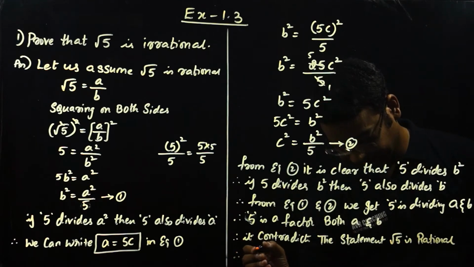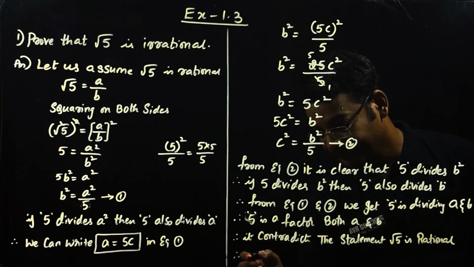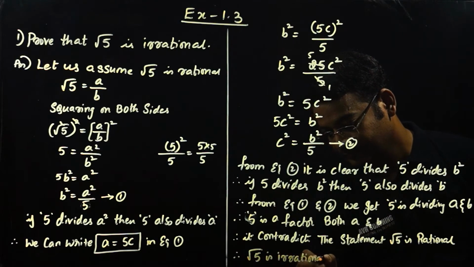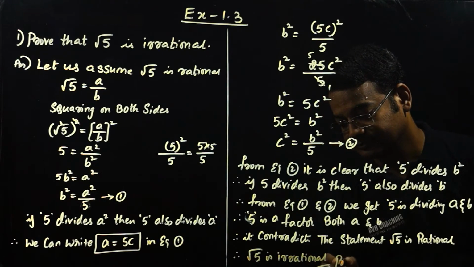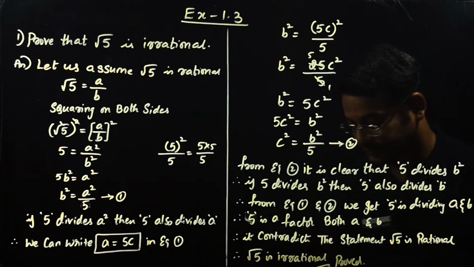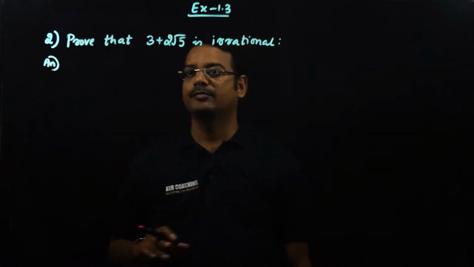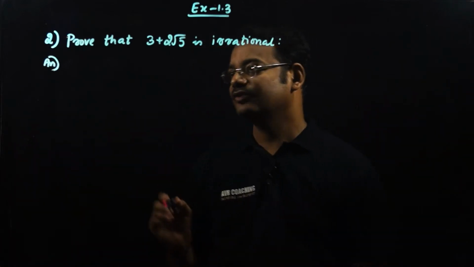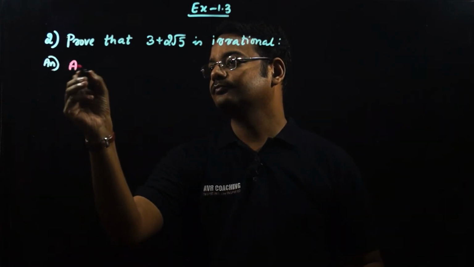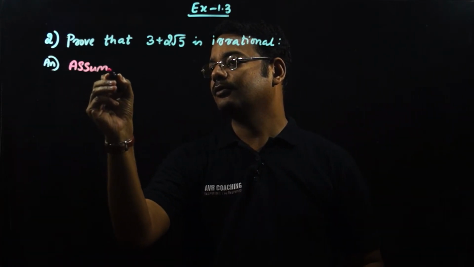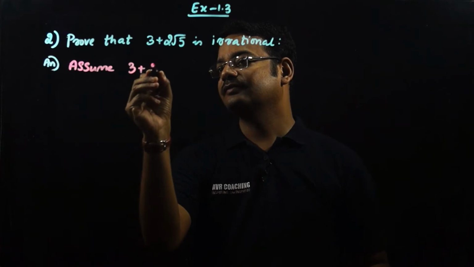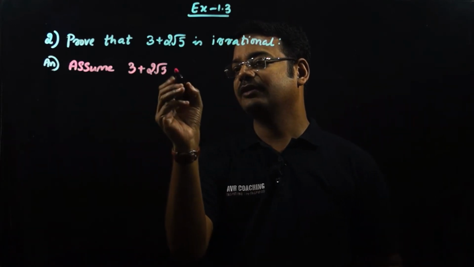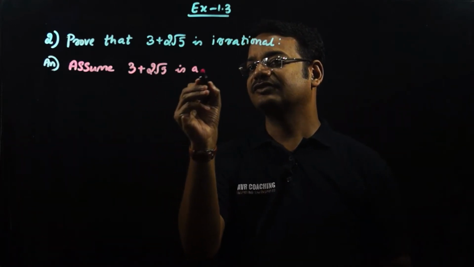Therefore, root 5 is irrational. Proved. Second problem. Prove that 3 plus 2 root 5 is an irrational number. Now we'll assume 3 plus 2 root 5 is a rational number.